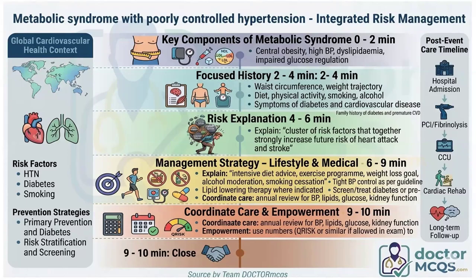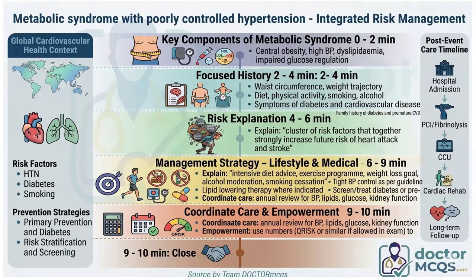Again, the key here is not just to chase the number or decrease the blood pressure or lipid reading. We need to look for target organ damage. That's why we ask about blurry vision, change in the urine like any blood, or any peripheral edema.